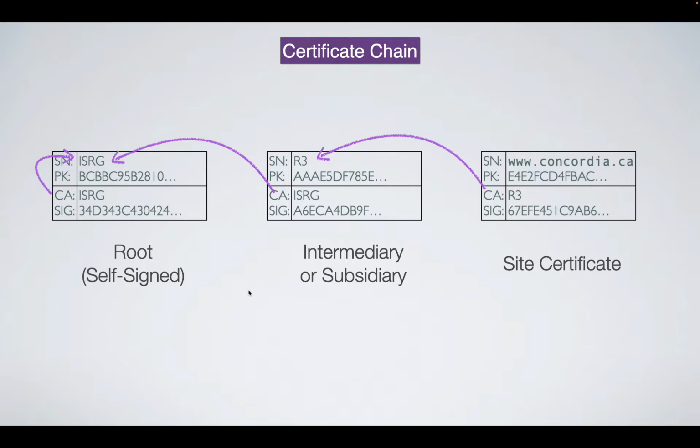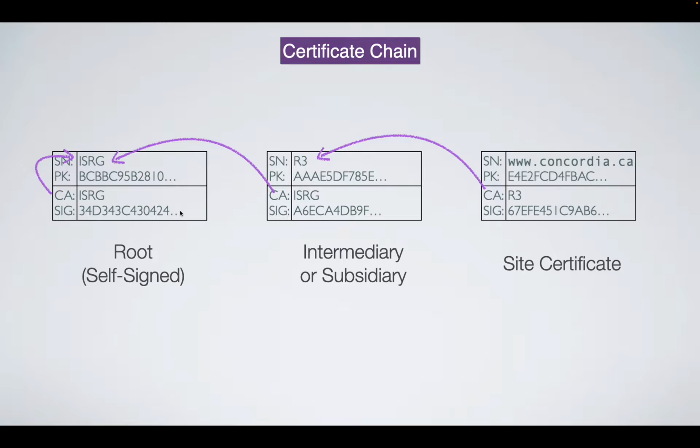Okay. So we said there's about 50 companies that have root certificates. You can see them. They're on a list on my computer. How do I figure out how many intermediate certificates there are? The problem with intermediate certificates is they're not on my computer.